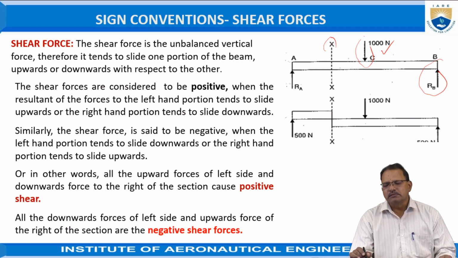With respect to XX, the force acting downward, that is 1000 newtons, is treated as a positive shear force. The reaction force RB acting upward is treated as a negative shear force. Similarly, toward the left hand side, RA is acting upward, so it is treated as a positive shear force.